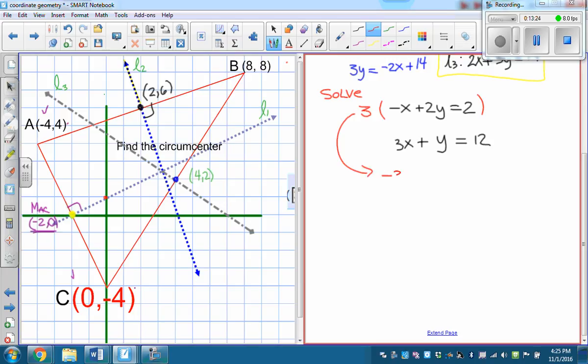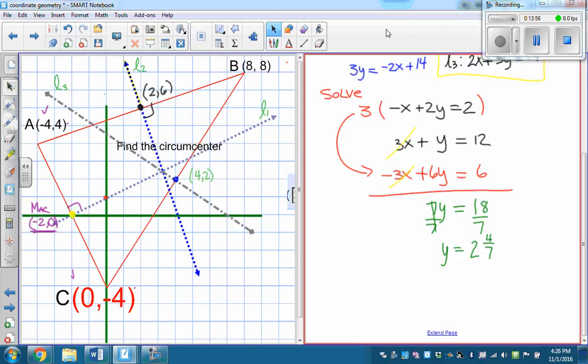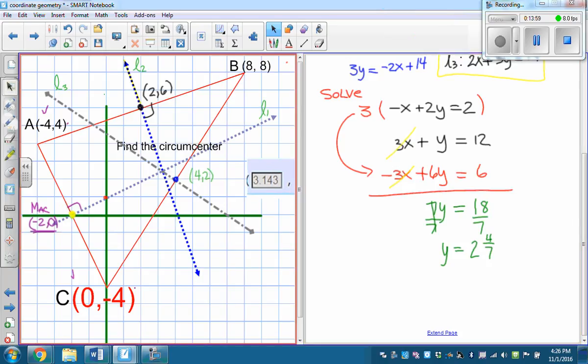So that gives me negative 3x plus 6y equals 6. When I eliminate, then I get 7y equals 18. Divide by 7. Y equals 2 and 4/7. And we did use the computer to calculate that.